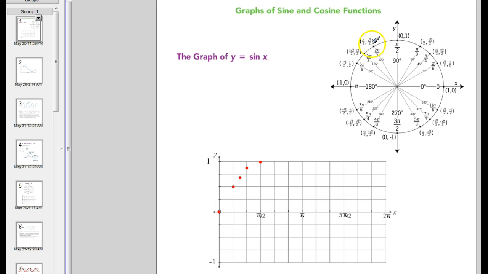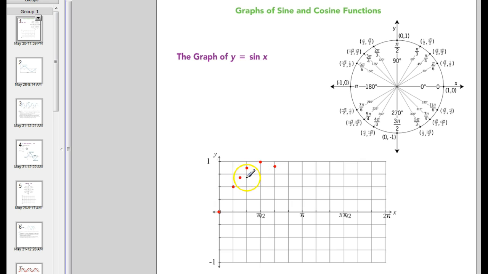As we come back, we're going to hit all of these same points again at the same intervals apart, meaning this is pi over 2, this is pi over 6 more than that. So I'm going to hit that at 2 pi over 3. I'm going to hit the square root of 3 over 2 again. So I'm going to be at that same height once again.